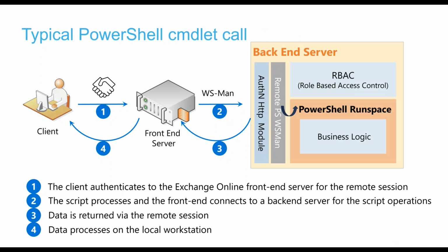And again, just to continue setting the stage for the actual problem, a quick overview of how remote PowerShell works in the case of Exchange Online. So basically, we have the client, which connects to a front-end server, and then the front-end server speaks to the backend, which actually does the execution. The backend then returns the data, and it travels all the way back to the client executing it.